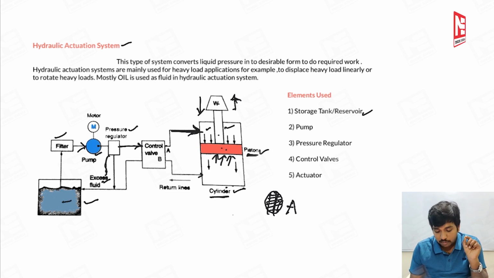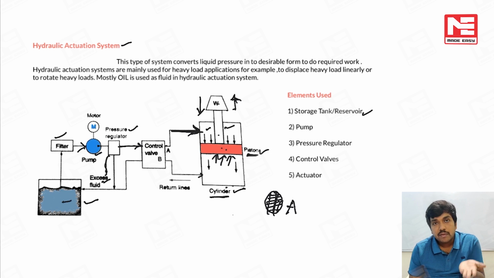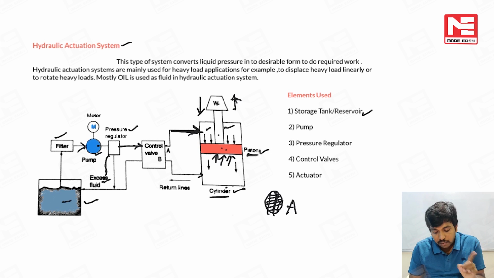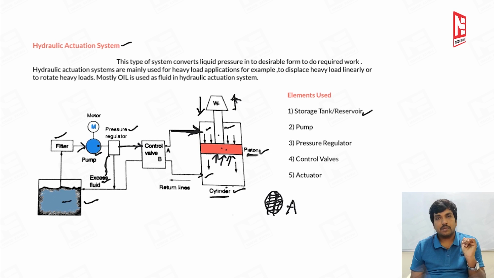This means that whether the load displaces in the upward direction or downward direction, it purely depends on what? It depends on whether this control valve channelizes the fluid flow above the piston or below the piston, right?